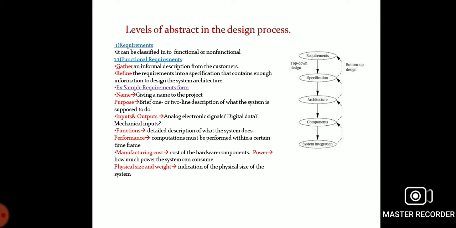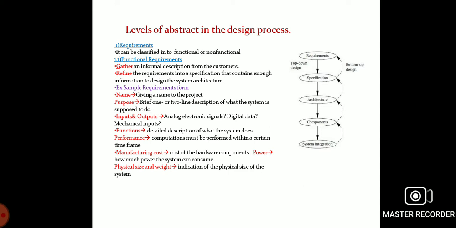The name is giving a name to the project, and the purpose is the objective, a brief one or two line description of what the system is supposed to do. The inputs and outputs are analog electronic signals, digital data, or mechanical inputs.